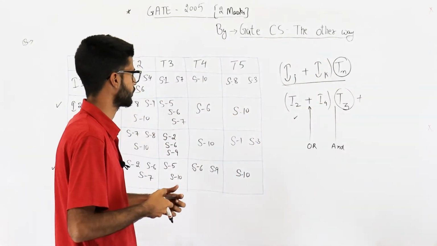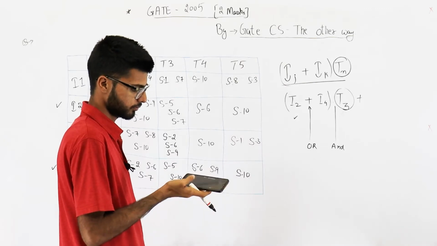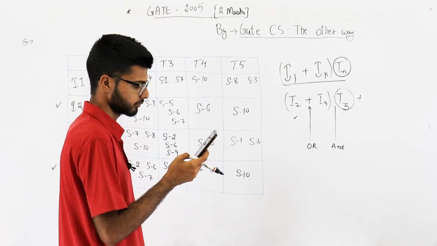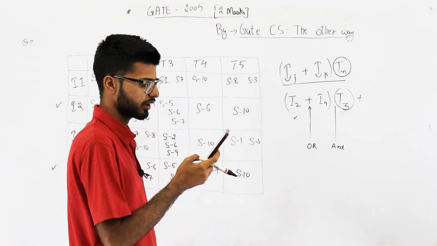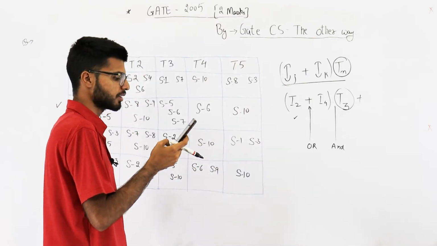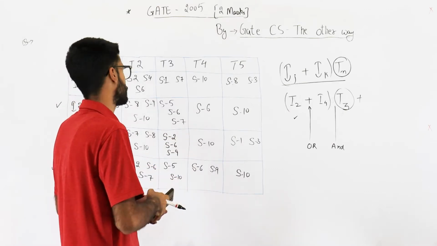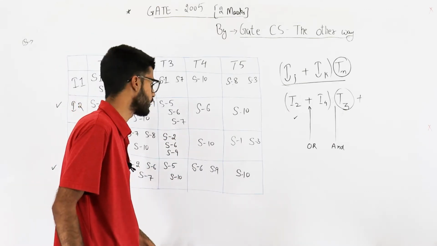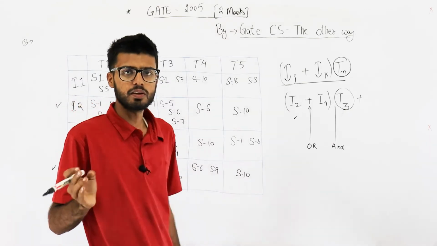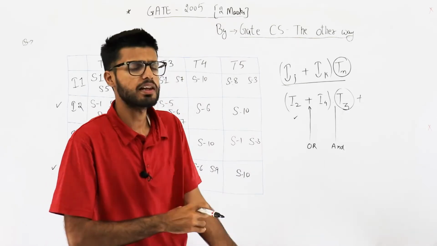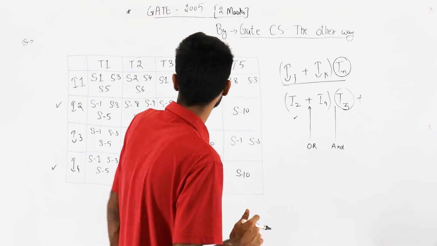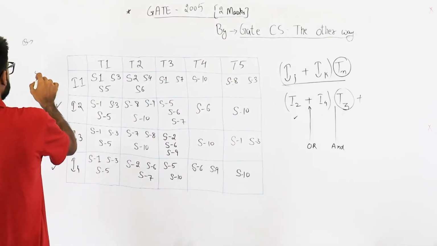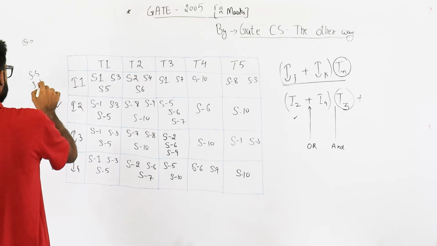Let me see the question once. It reads, which of the following pairs of expressions represent the circuit for generating control signals S5 and S10? So we need to identify the expression for generating a circuit for signal number 5, S5, and S10.